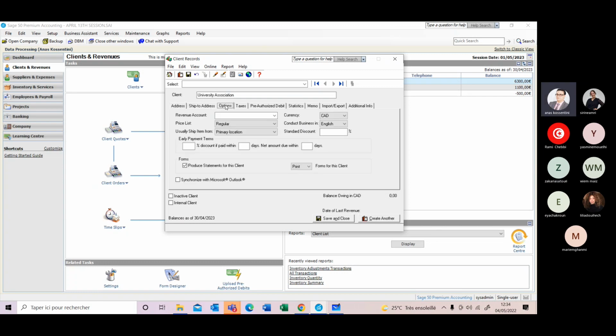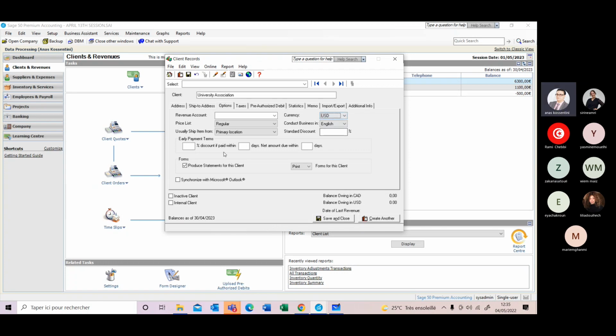Okay, go to options. Under options, guys, you have something important now. Is what is the currency that you're dealing with when dealing with this customer? You have here the option, of course, of the Canadian dollar, of USD, US dollar. And you can find the USD because in the step 1 we created the US dollar. Otherwise, you will never find it.